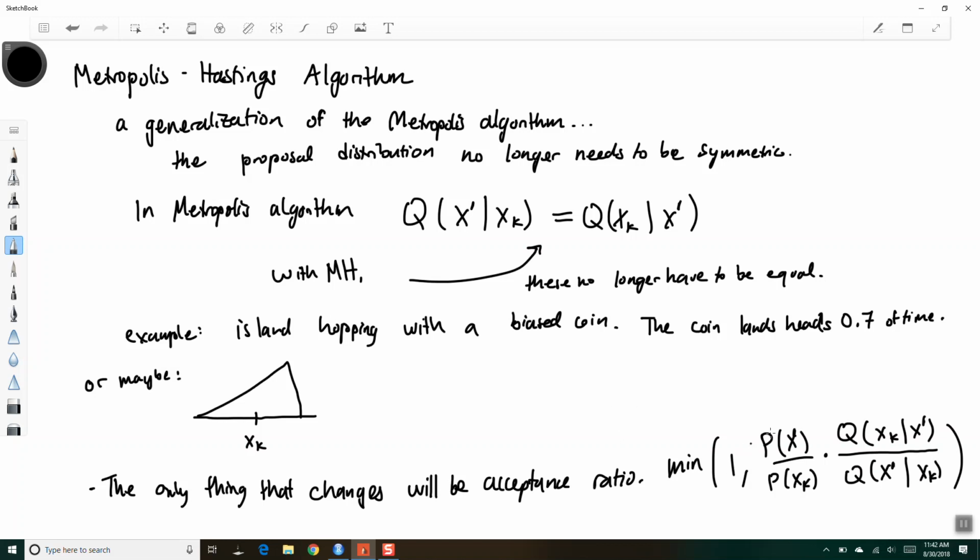So this part's the same, it's just this is a new term. We add this new term to compensate for the different proposal probabilities.